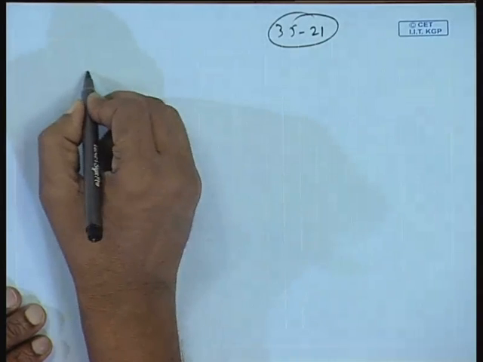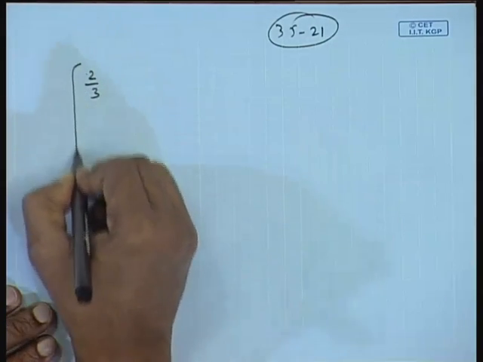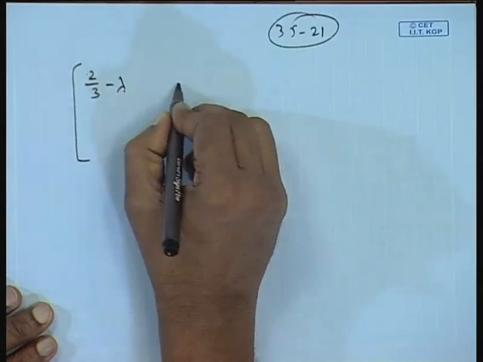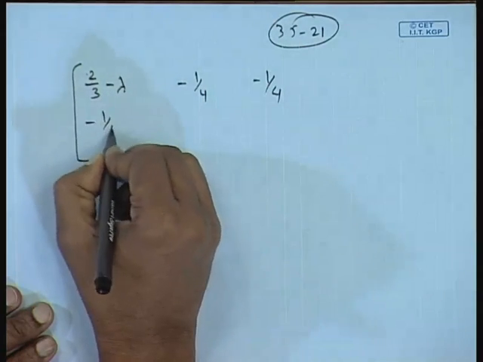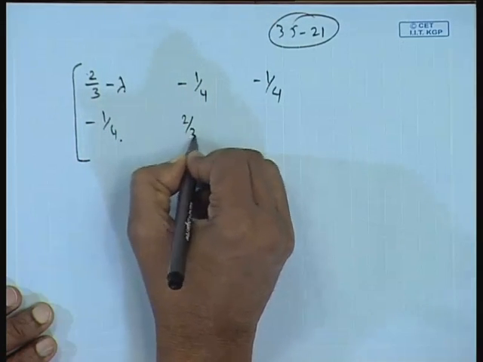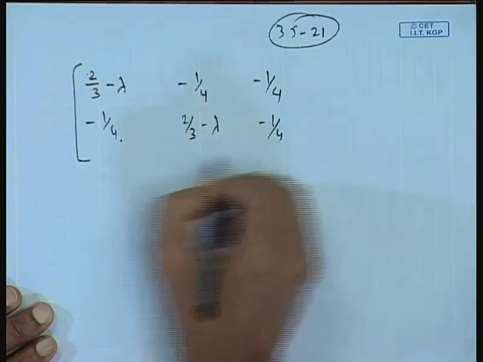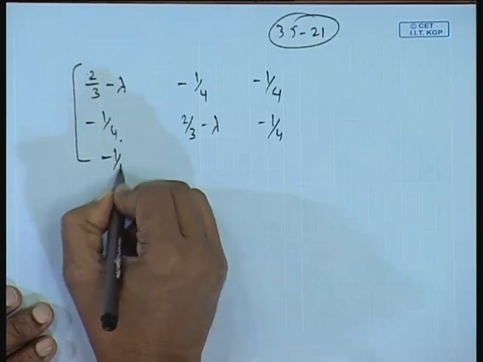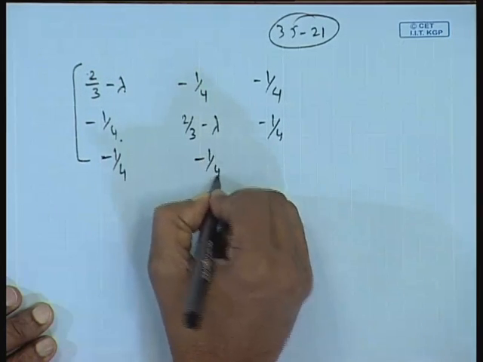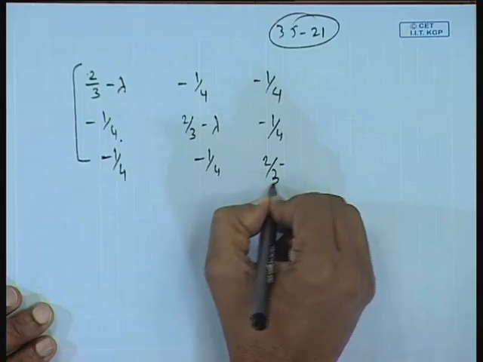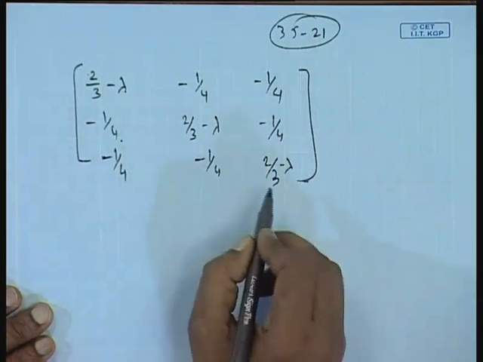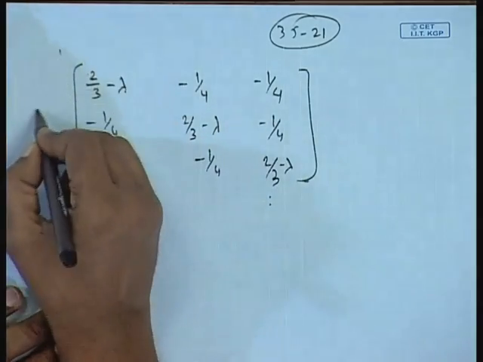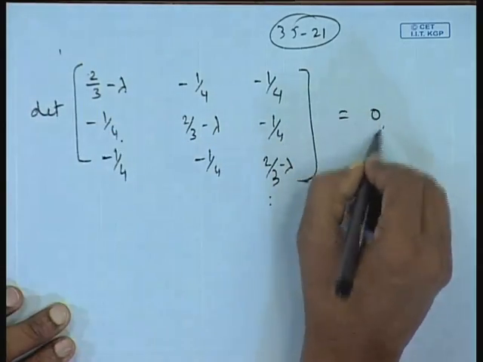We will write here 2 by 3 minus lambda, minus 1 by 4, minus 1 by 4, and then minus 1 by 4, 2 by 3 minus lambda, minus 1 by 4, minus 1 by 4, and 2 by 3 minus lambda. So, in this format we have to take the determinant of this matrix and set it to 0.